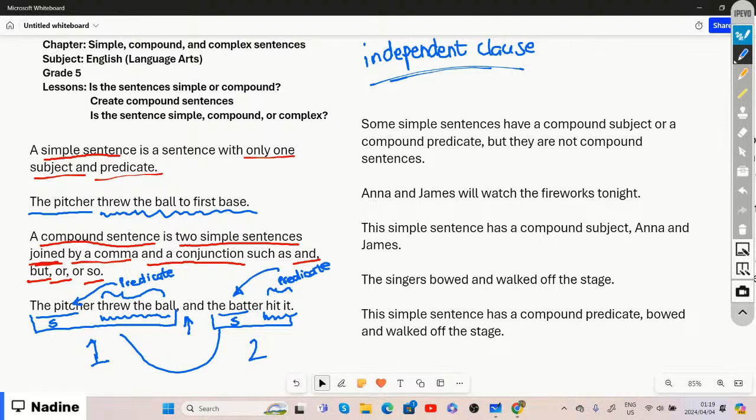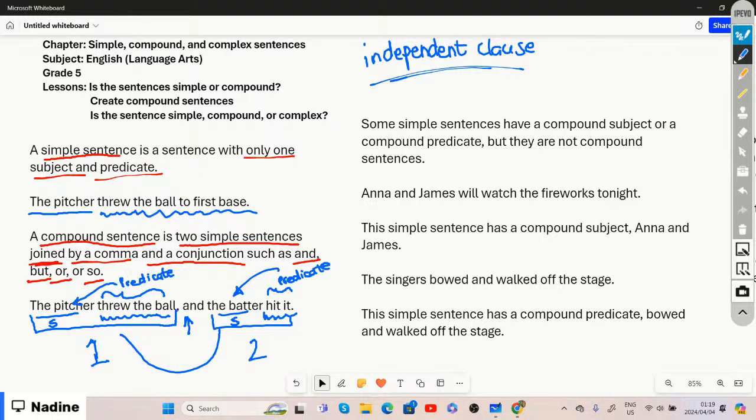So when it comes to a complex sentence, I'm not sure if you ever heard of the word independent. Independent is when somebody stands on his or her own, they do their own thing. Like, look here, I have my own bag, I don't actually need the help of other people. I can do things on my own. I can stand on my own. That's independent.